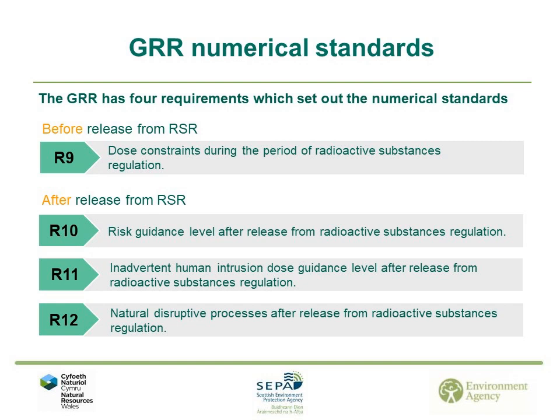Requirement R11 specifies a dose guidance level for protection of a representative person during and after an assumed possible inadvertent human intrusion event which disturbs any radioactive substances. Lastly, Requirement R12 requires operators to consider natural disruptive processes when assessing the risk to a representative person.